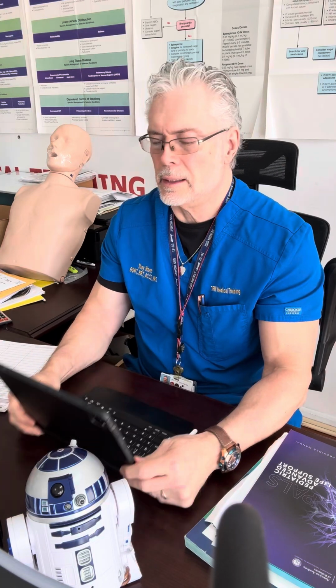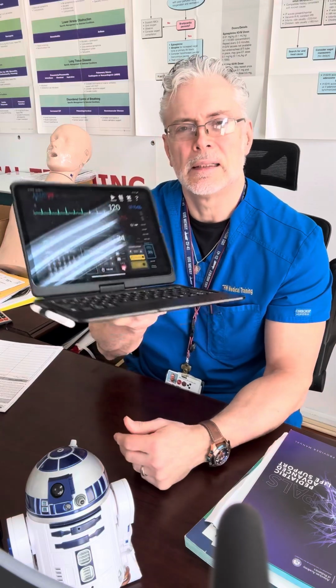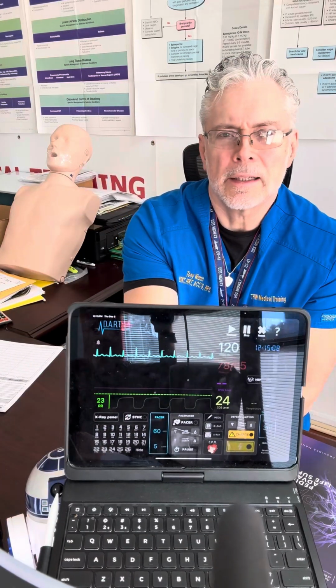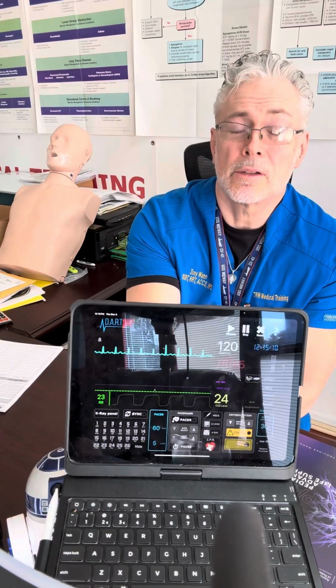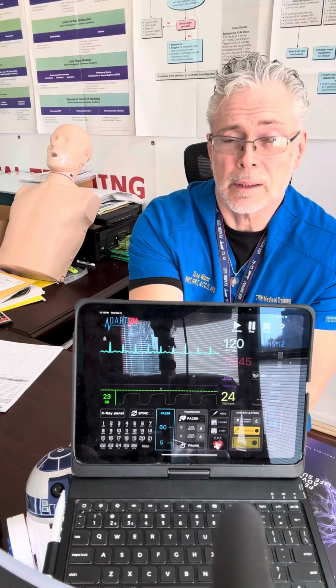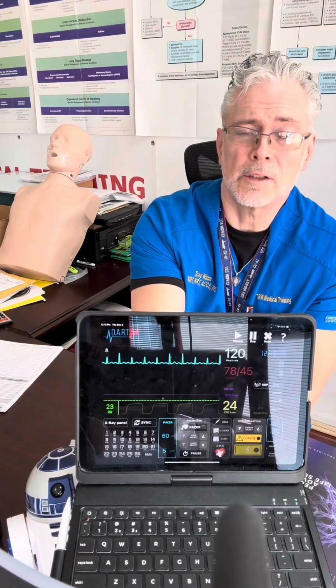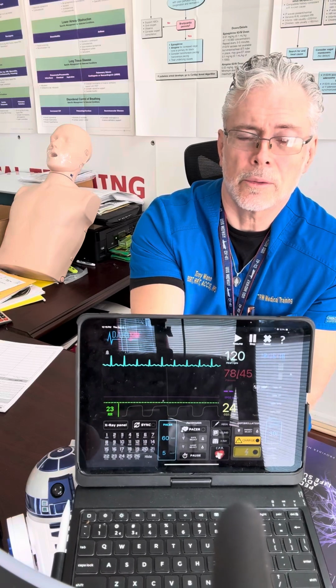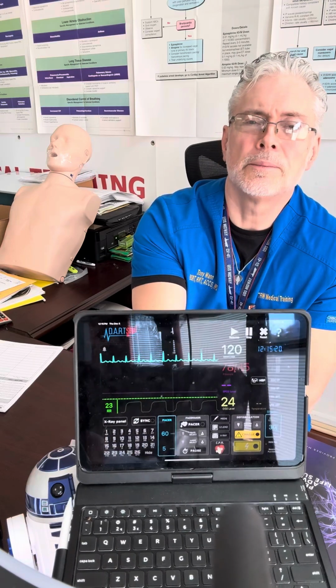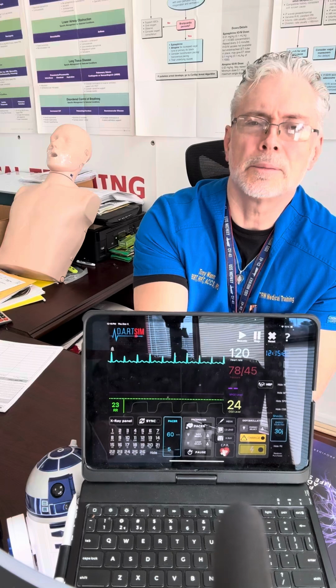In this case, you have a tachycardia. And this tachycardia is tachy, or beating over 100, because the body is lacking fluids, blood, whatever the case may be. So you want to go ahead and bolus with fluids.